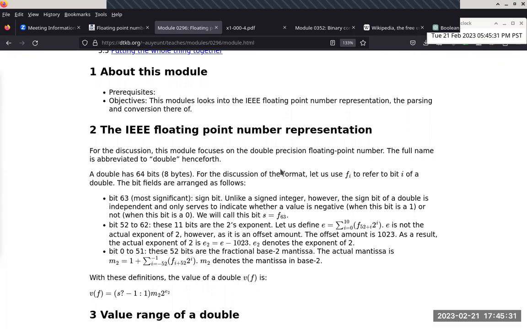When you add up all of those, it will still be less than 1, but it comes pretty close to 1. So when you add that portion to 1, you end up with something that looks like 1 point, blah, blah, blah. Is that okay? All right.